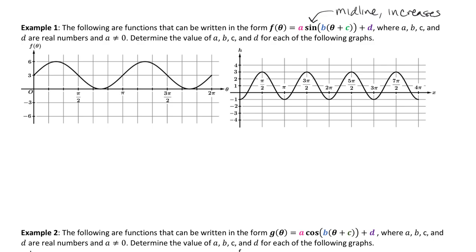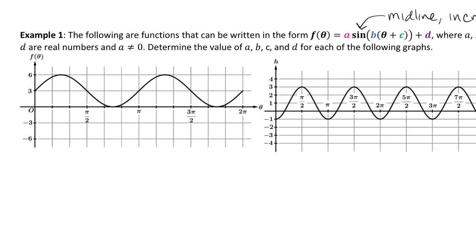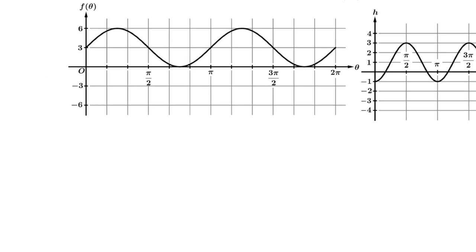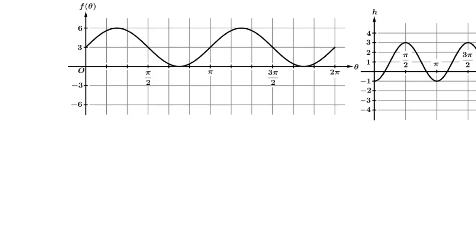Okay, let's look at our first graph. Tell me some things you notice about this first graph without me giving you anything extra. I'm hearing a lot of things, and some of it is good and some of it is not quite. Let's start at the beginning. Let's find the midline.